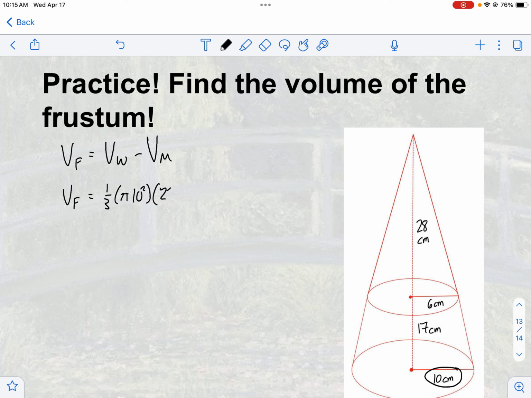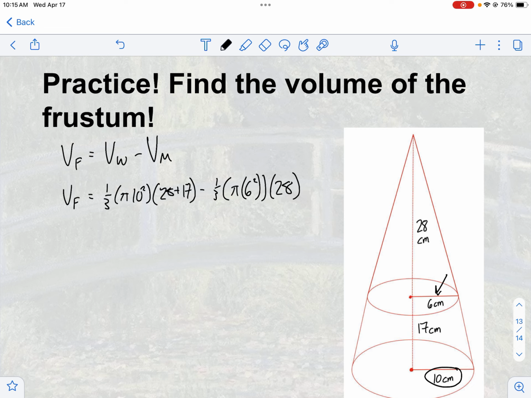That's my height of the entire cone, minus 1/3, this is for the mini cone, times pi, 6 is my radius right there, pi 6 squared times my height of 28. This is going to give me the volume of my frustum.